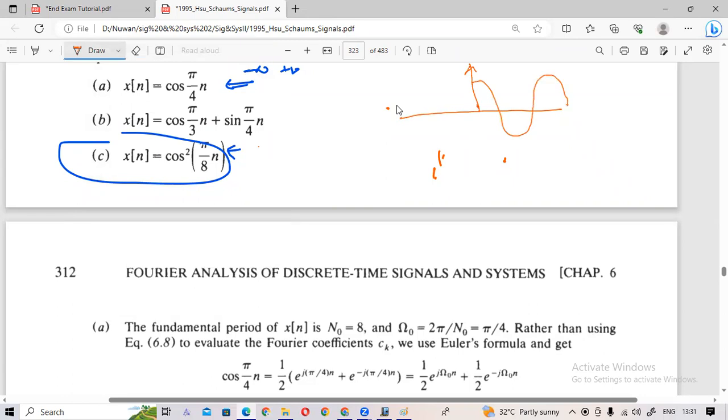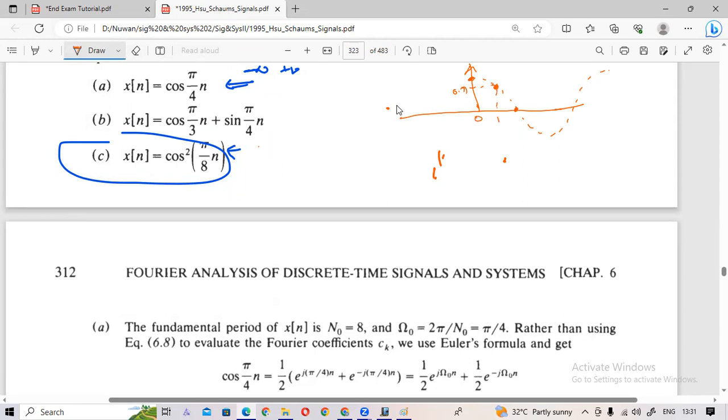So for n equal to 0, cos 0, that is this point. For n equal to 1, that is 5 by 4, so you will get this one. The value is around 0.7. That is n equal to 1.